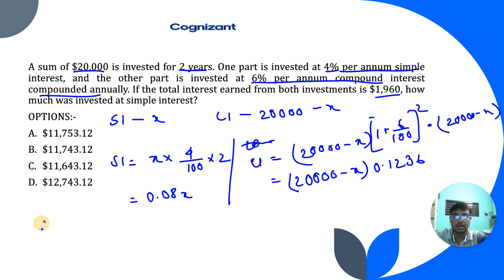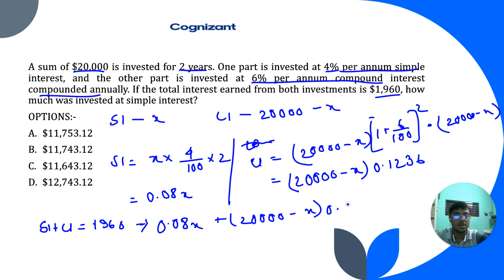And they say that the total of the simple interest plus compound interest would be equal to 1960. So we can write 0.08x plus (20,000 minus x) into 0.1236.